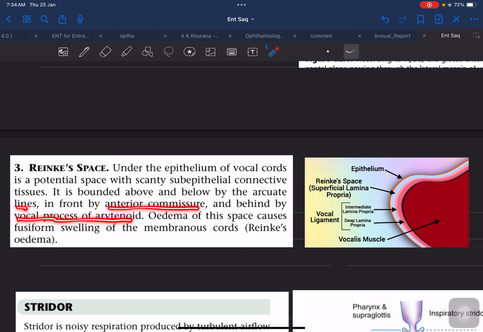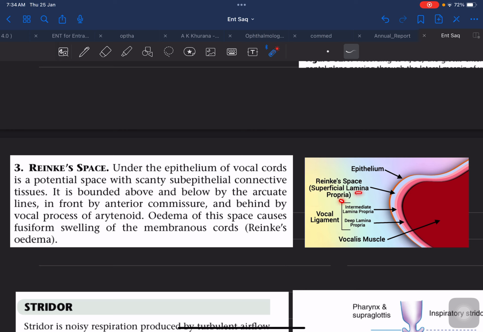Okay, what I'm saying is there is one potential space below this epithelium of vocal cord, filled with scanty, soft subepithelial connecting tissue. This is our Reinke's space.